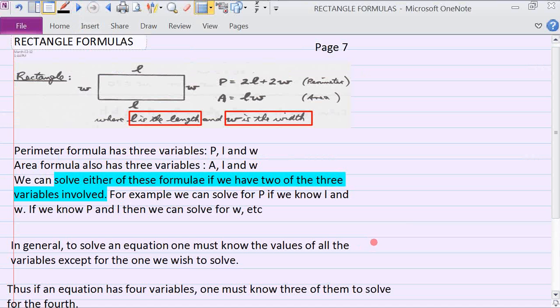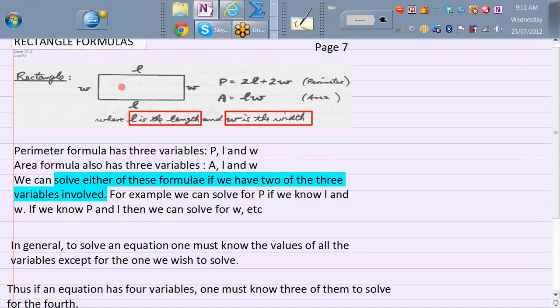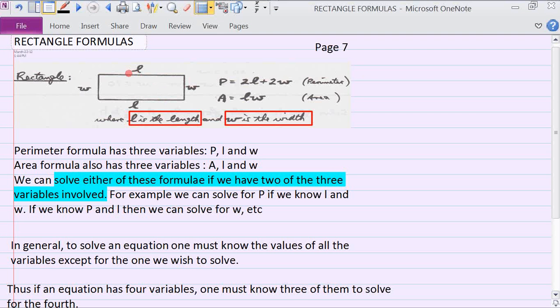Some applications of the formula can be applied in the case of a rectangle. So here we have a rectangle, 4 sides, and we're going to call L the length of the rectangle, and W, the distance from here to here, is the width.